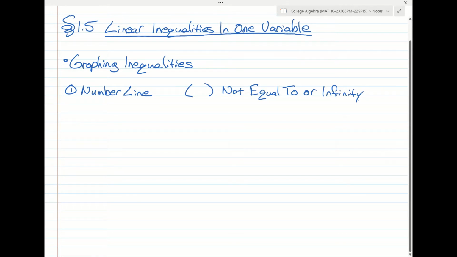So for example, if we have a problem where x is greater than 2, or x is less than 2, we're looking to use parentheses when we graph them. Also, if we have an inequality that's next to the infinity sign, we use parentheses when we go to graph it.